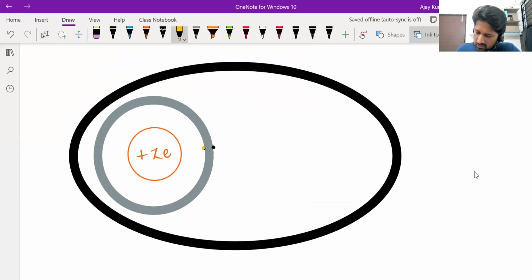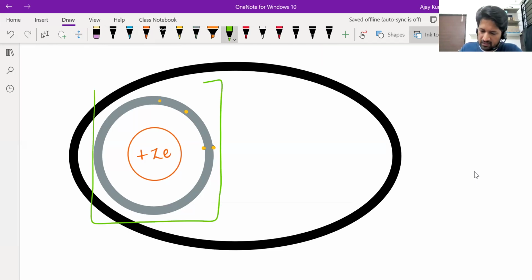Once an electron jumps from the valence band into the conduction band, understand what happens. Look at this atom. Atoms are electrically neutral. However many protons are there, that many electrons will be there. So this region as such is neutral.